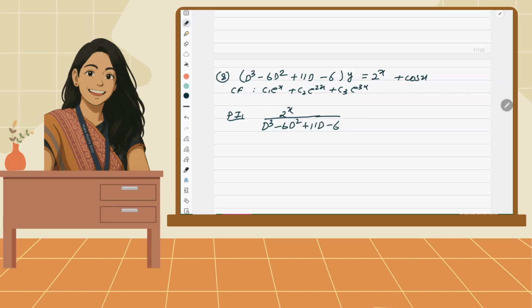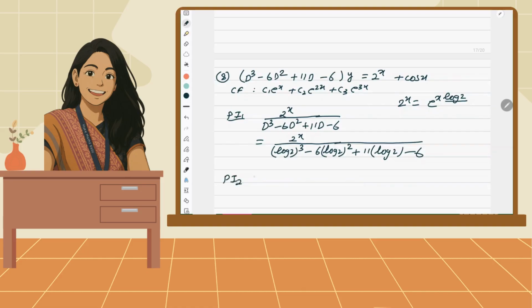I told you that 2 to the power x is nothing but e to the power x log 2. So a value is log 2. So this PI will become 2 to the power x upon log 2 cube minus 6 log 2 square plus 11 log 2 minus 6. Correct? So this is PI1.